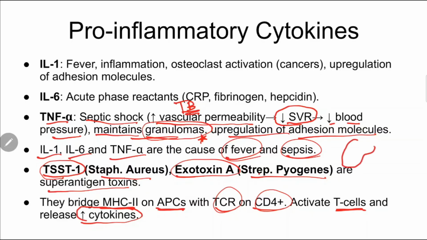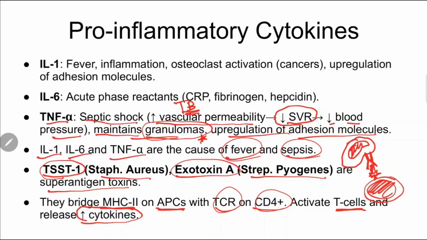This is an antigen presenting cell, right? And this contains your MHC2. And this is your CD4 positive T cell, and this is your T cell receptor. Now, what the superantigen toxins such as TSST1 or exotoxin A do is that they bridge this gap.